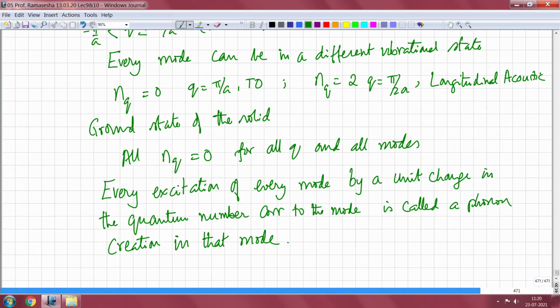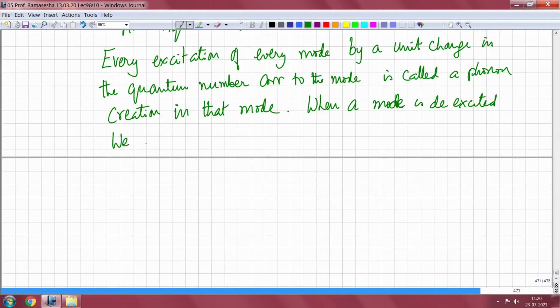So similarly, when a mode is de-excited, we say a phonon is destroyed or annihilated. You can use either of these words.